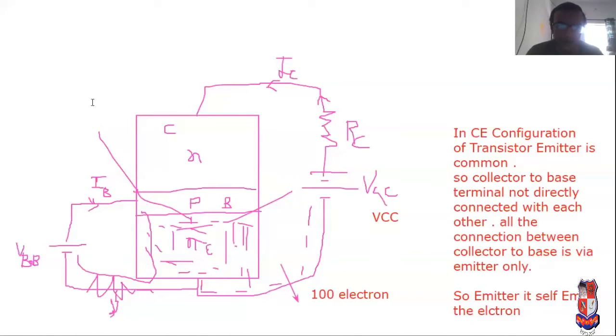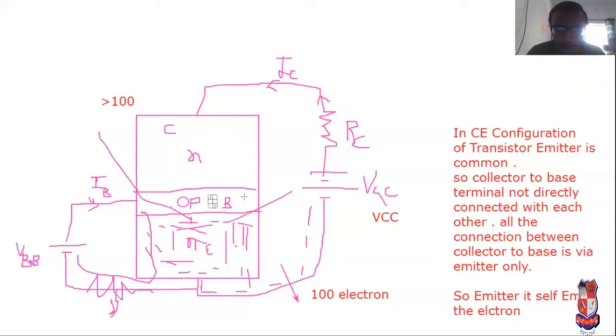So a large number of electrons can be transferred into the base, and some of the electrons combine with holes.